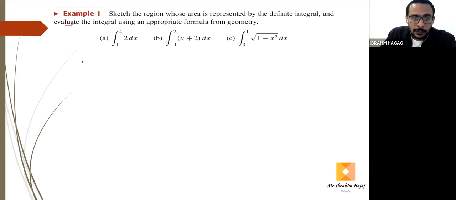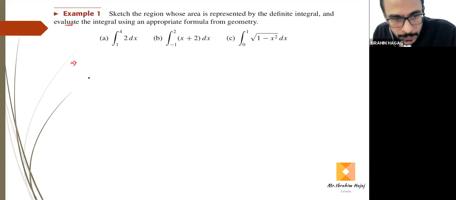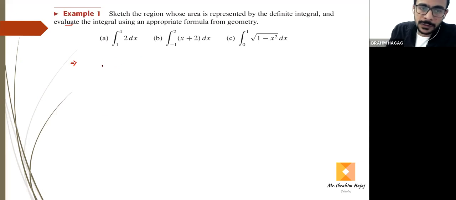Okay, so how to do it using the integral? We can also use the definite integral definition that we used in the previous example, but let's work quickly and just find the integral normally. What's the integral of 2? 2x from 1 to 4.